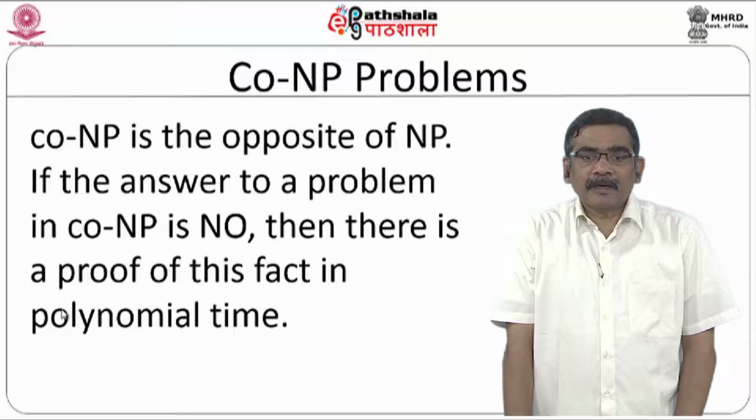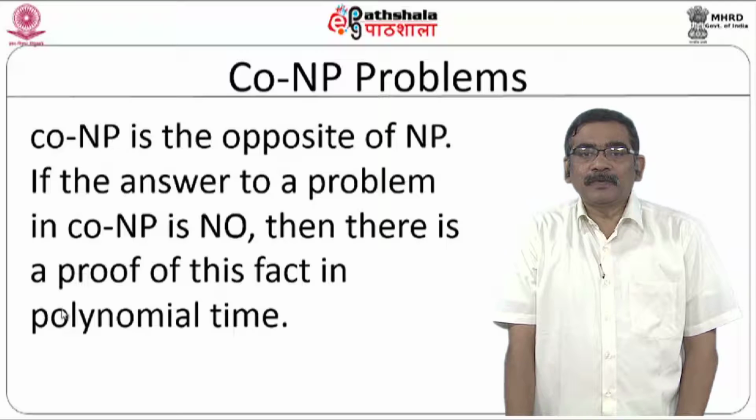Co-NP, the complementary NP, is another set of problems. This is just the opposite of the previous one, where if the output of the algorithm is no, then a proof is available that can be checked in polynomial time.